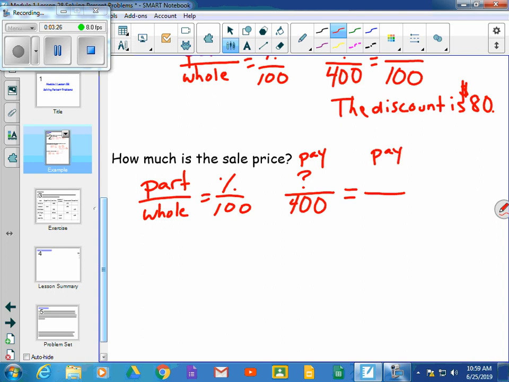And from earlier, we figured that we had 80% that we're paying. Paying 80%. So that's why I put that percent in there, not the 20. 80 times 400, if I cross multiply, I get 32,000. And then when I divide by 100, I get 320. So what you're actually paying, the price you pay, is $320.